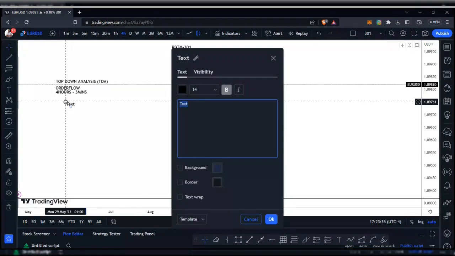But then we are going to be looking at time of the day. We are going to be looking at PD array. That's premium and discount array. In fact, I feel like you even start with premium discount array, because that's one of the main things I want to really emphasize on.